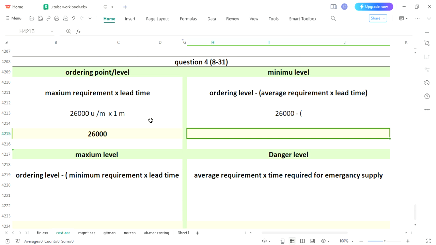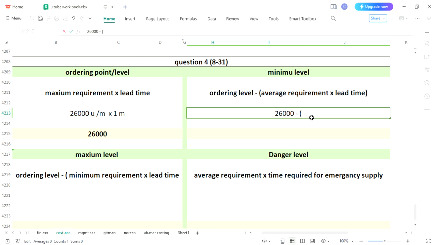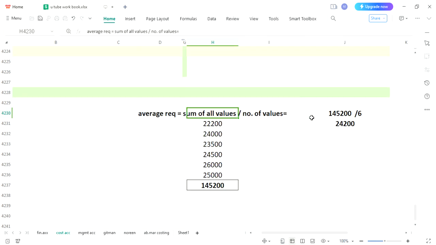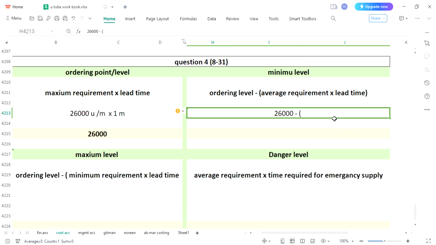Go up. Since we were calculating the minimum requirement, we needed the average requirement, which we have calculated as 24,200. So you can put 24,200 over here, and we need to multiply it with the lead time, as there is only one time given in the question, and that is 30 days.